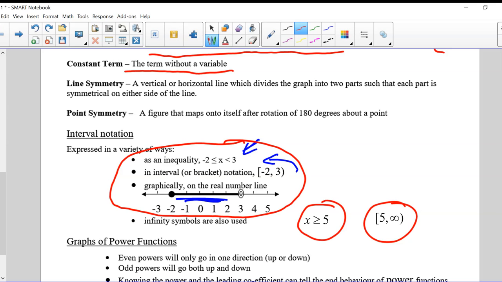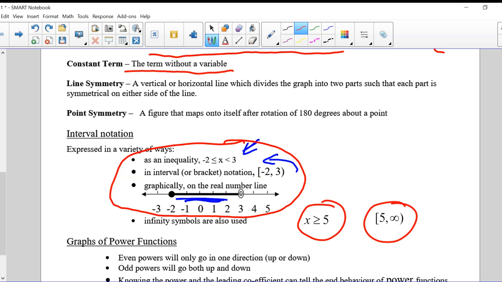But infinity is not a real number. It's a concept. It's what you have when you get out to the end of the universe. It's just this abstract sort of what's out there at the very end. So you never put a square bracket on infinity. Infinity always has a round bracket. And thank you for that question.